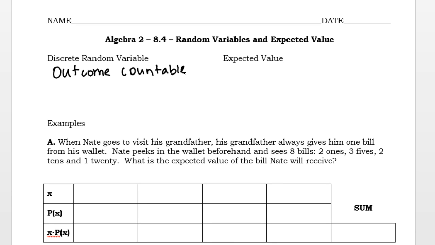When we're doing expected value, we need to have a numerical value, not a categorical one like red or blue or heads or tails, because we're going to be doing the average.